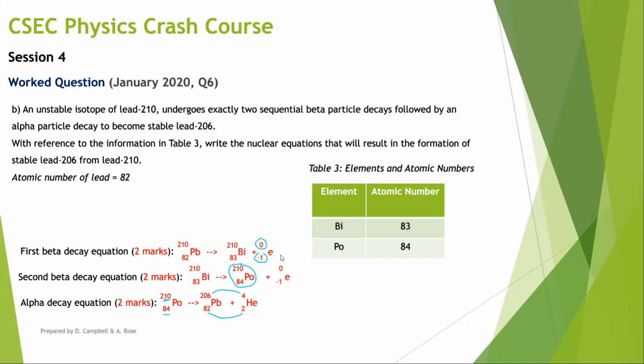And for alpha decay, we use He, which is the symbol for helium, because alpha particles are helium nuclei. We know there are 2 protons and 2 neutrons, so the mass is 4, and the charge is +2 because there are no electrons. All right.